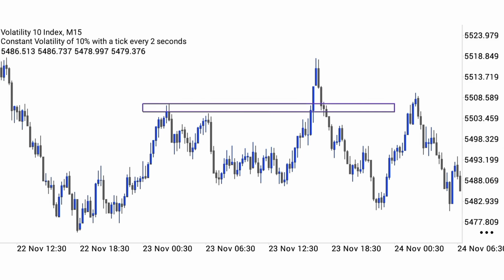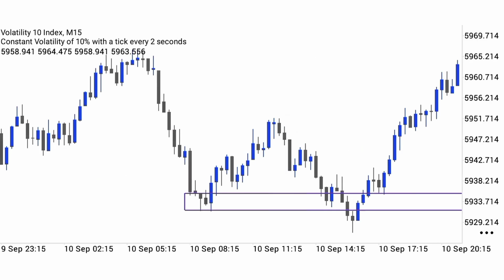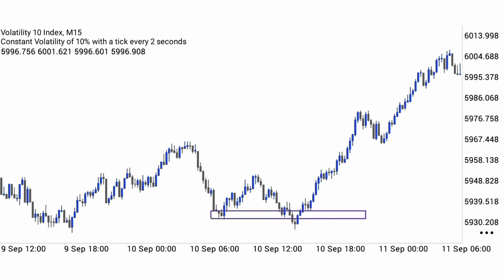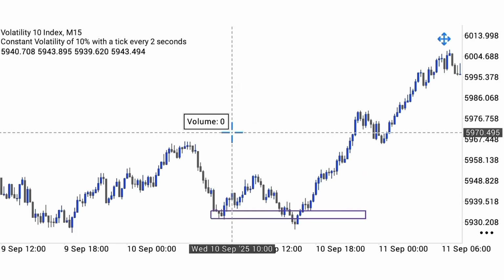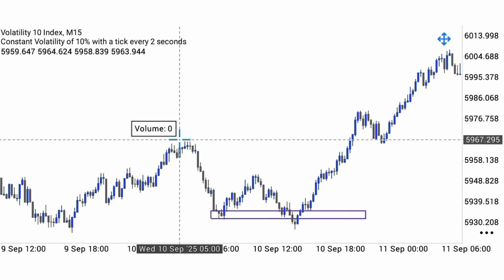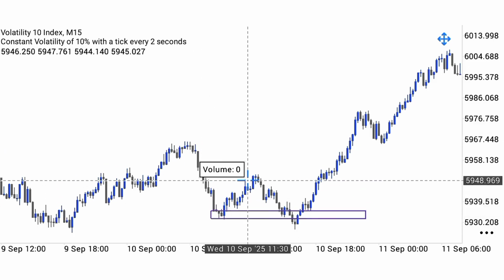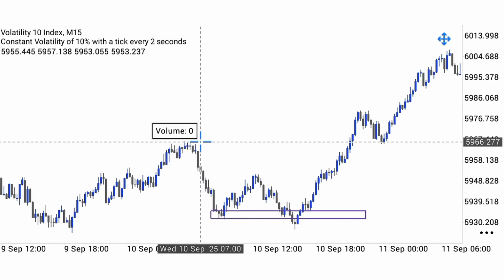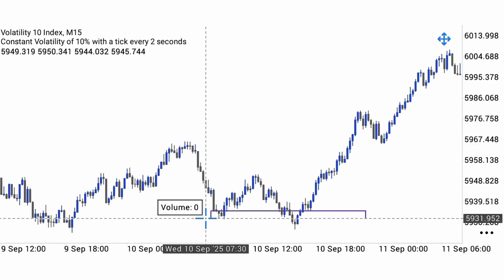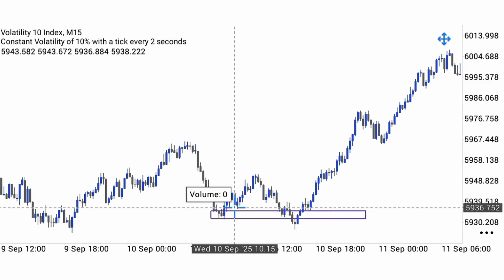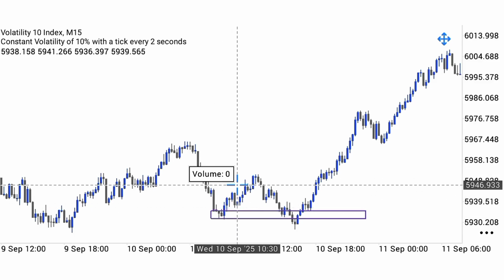Now, let me show you another example of this supply and demand on the chart. So right here, we have an area of demand. So like I said, the first thing you do is to look out for the previous movement before the big price movement here. So you must make sure that there was no price movement that was larger than the demand area that you were looking out for.